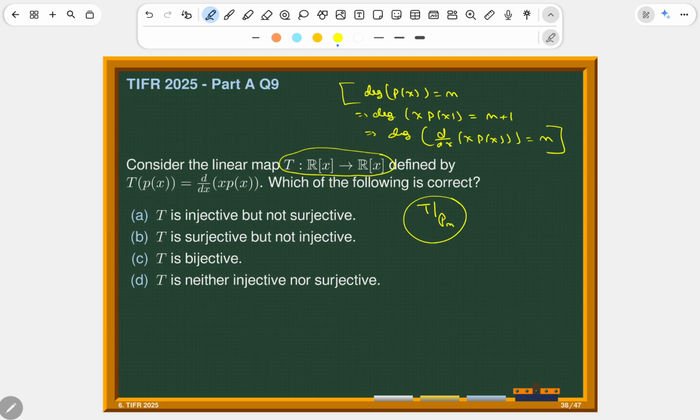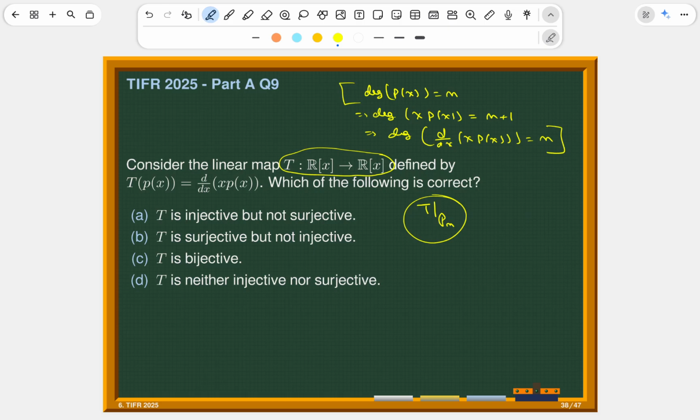And once you restrict to this set, we know that it's a finite dimensional vector space. So you can admit a matrix of T corresponding to the usual basis 1, x, x squared till x to the power n, and you can check injectivity or surjectivity with respect to the matrix itself. Okay, so this is one approach to this question.